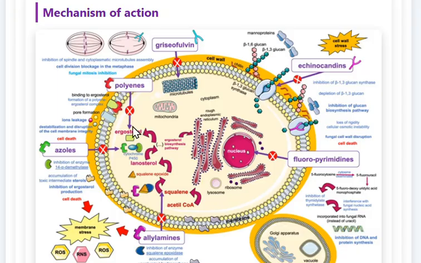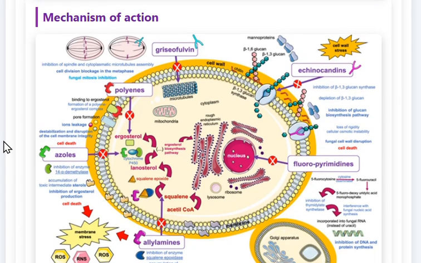Amphotericin B binds directly to ergosterol. After binding, it creates tiny pores within the fungal membrane. Because of these pores, important intracellular contents begin to leak outside the cell. Gradually, the fungal cell loses its integrity and dies. Therefore, amphotericin B is considered a fungicidal drug. Water and ions leak through the membrane pores.